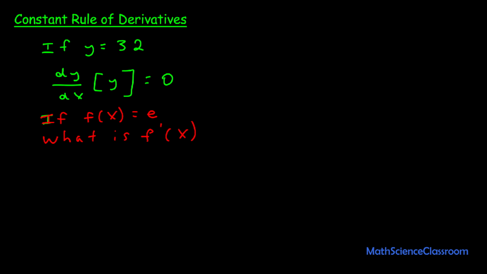Now remember, f prime of x is the same thing. It's equivalent to writing d over dx. It's exactly the same thing. Basically, it means the derivative of a function. So if f of x equals e, what is f prime of x, or what is the derivative of e?